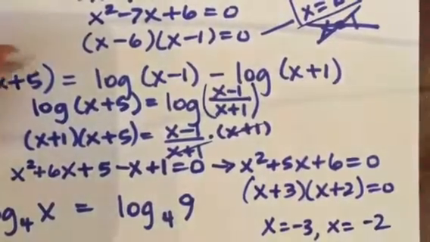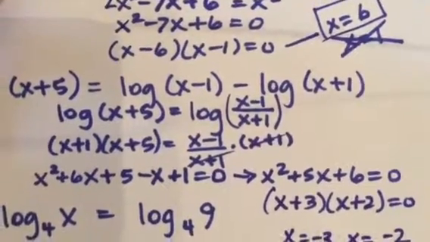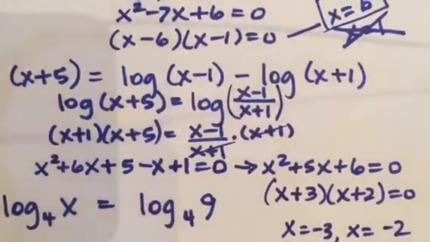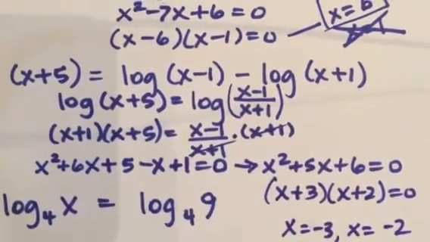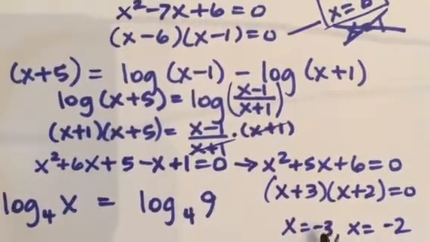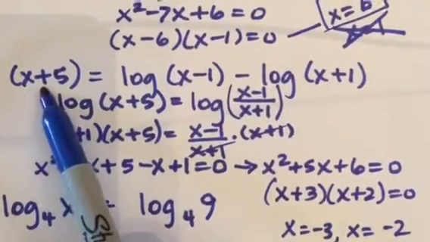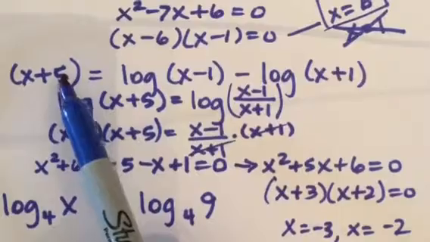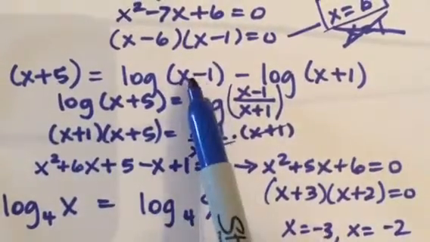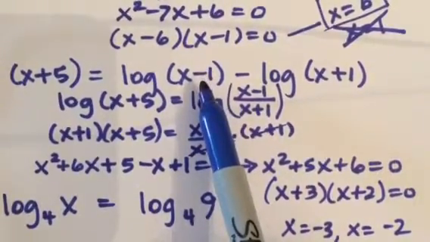Okay, so I'm going to take these solutions back up to my initial equation and make sure that they don't generate negative arguments. So taking that negative 3 over here, negative 3 plus 5 is positive 2. Positive argument, that's fine. Negative 3 minus 1, we have a problem, right?